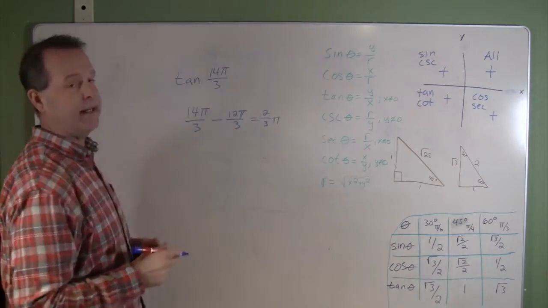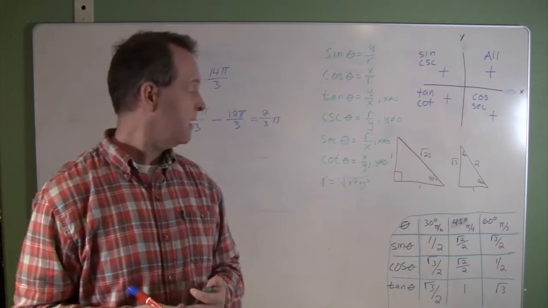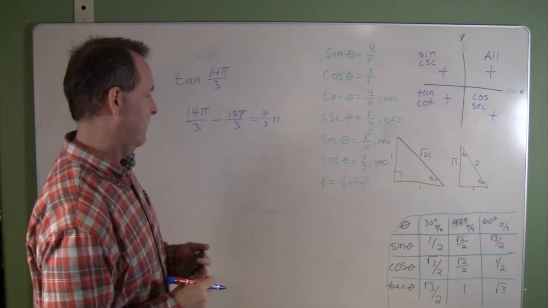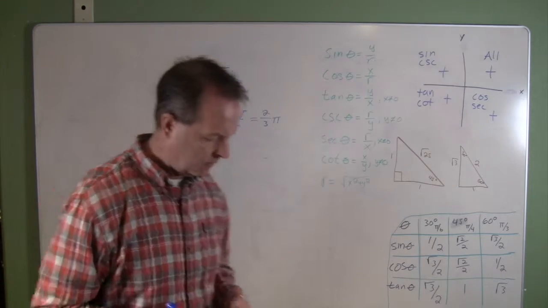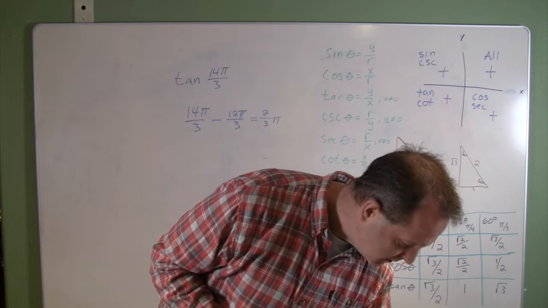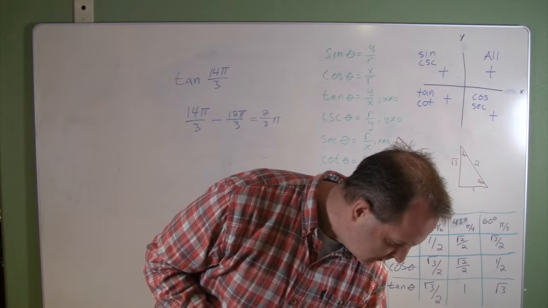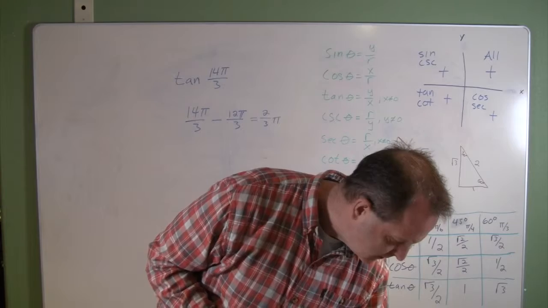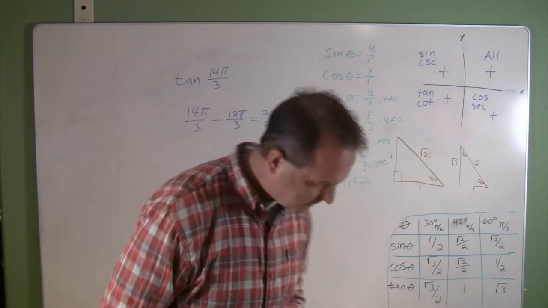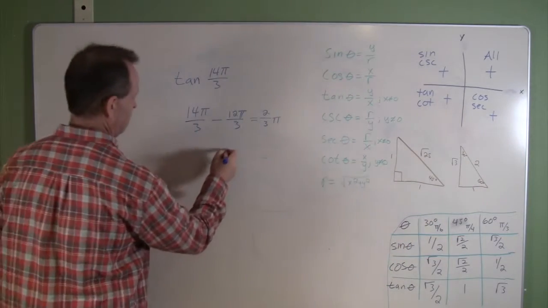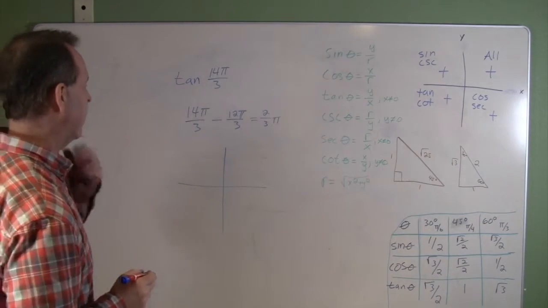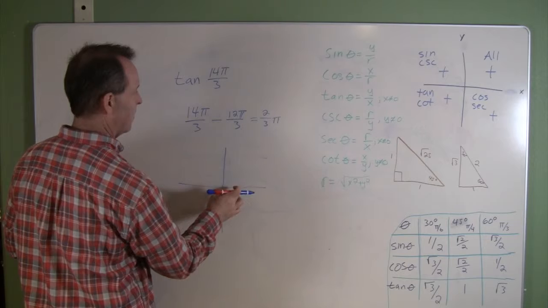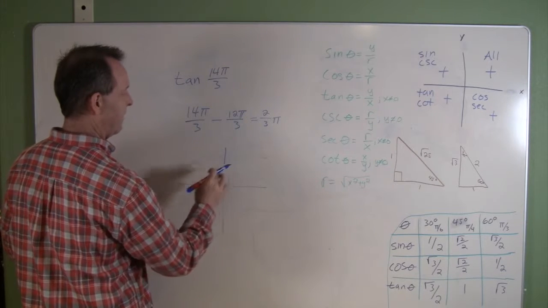So let's evaluate and find the value of the tangent of 2 thirds pi. So I have 1 pi right about there.